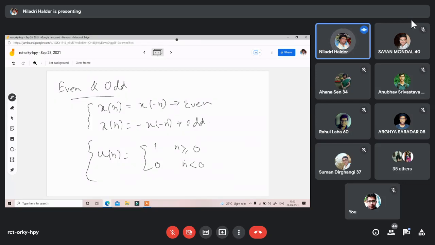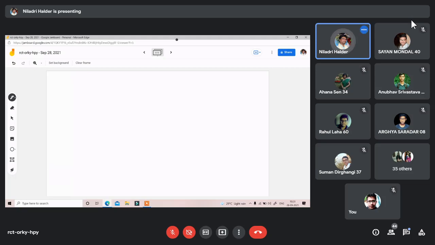For that case, simply, if you want to calculate the even part or odd part of a signal, then the even part of that signal will be xn plus x of minus n by 2, and the odd part of the signal will be xn minus x of minus n by 2.